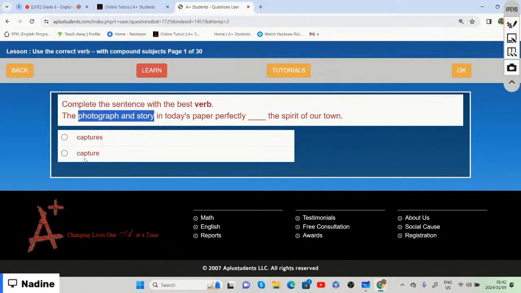So we need to choose the correct verb that agrees with our compound subject. And a compound subject is joined by the conjunction, which is and.